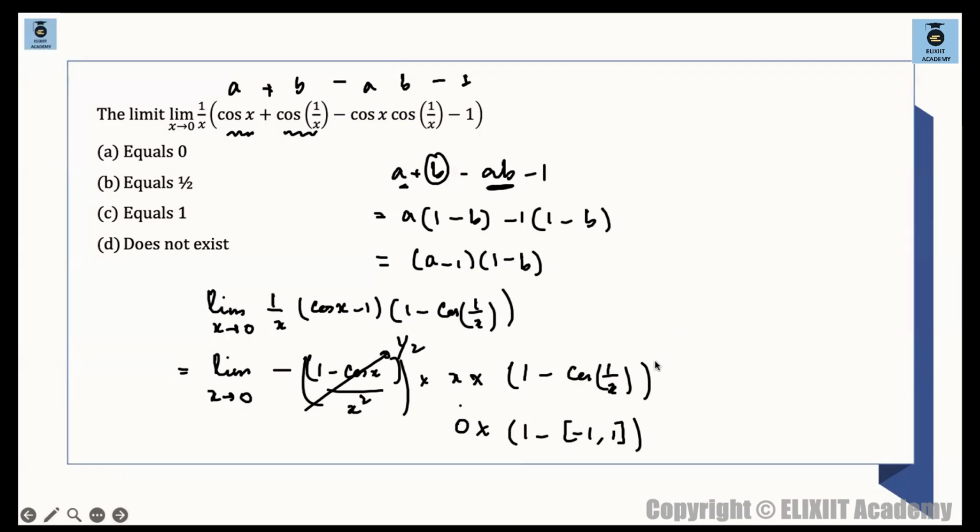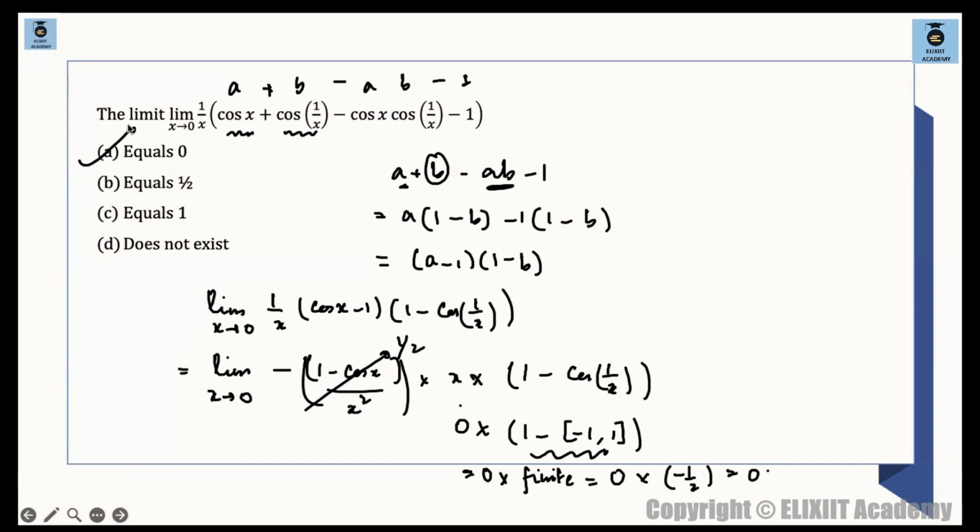And 0 times any finite quantity will be 0 only. So it's technically minus half multiplied by 0, which is ultimately 0 only. So option A is correct.